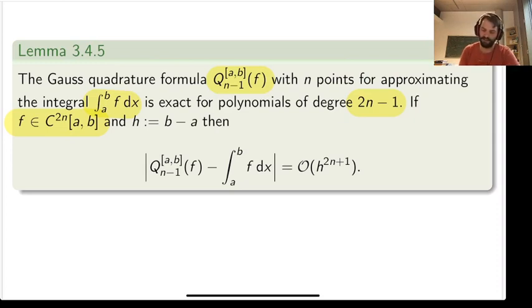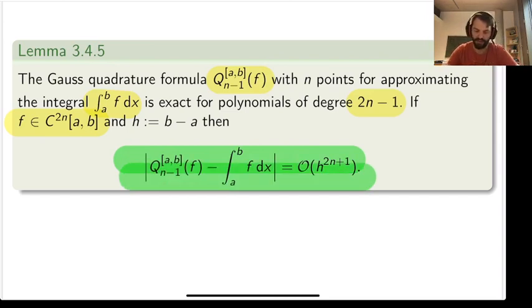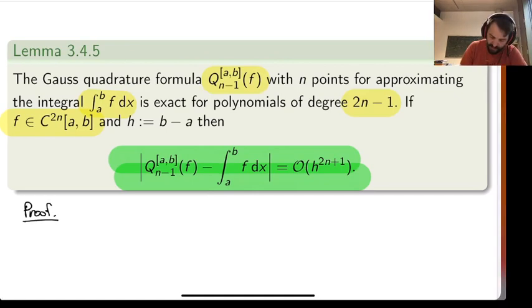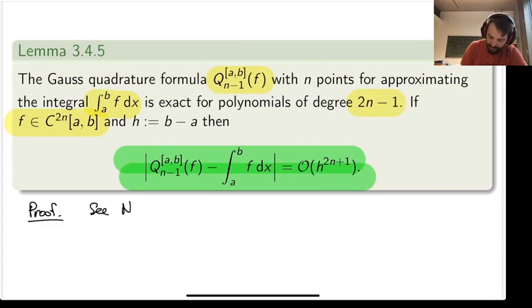Then if h is equal to b minus a, we have proved in Numeric 0 that the quadrature rule has an error of order h to the 2n plus 1. And as I said, this can be seen in Numeric 0 or the equivalent notes from wherever you did your first numerics course.